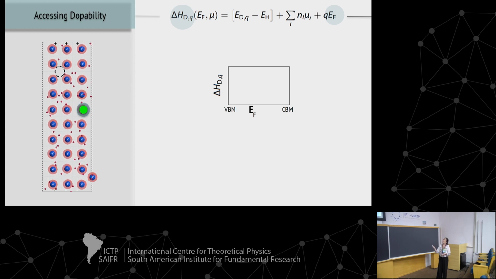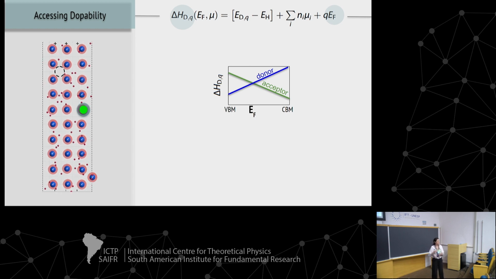You can see that this is a linear relationship, and the slope of the curves is basically the charge of the ionized defect of interest.